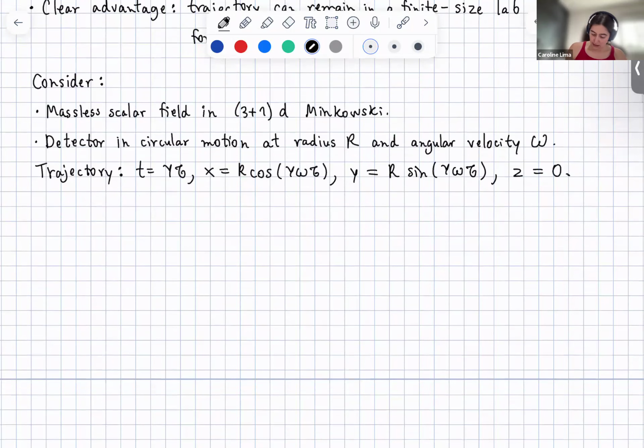Maybe just say that the condition is that v, the orbital velocity, has to be smaller than one, right?